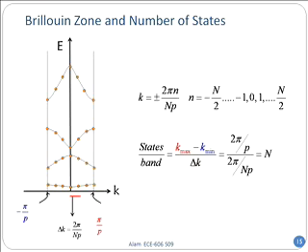So the difference is 2 pi over p. But the delta k where the solutions are available is 2 pi divided by np. And therefore, if you divide it up, every band has n points. You see?